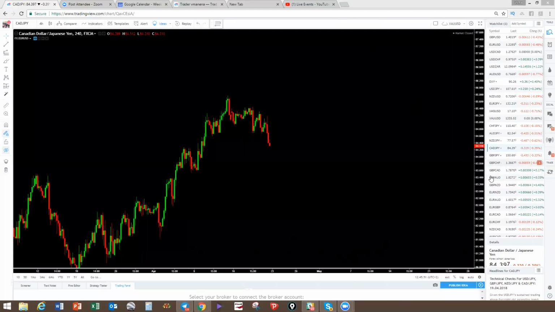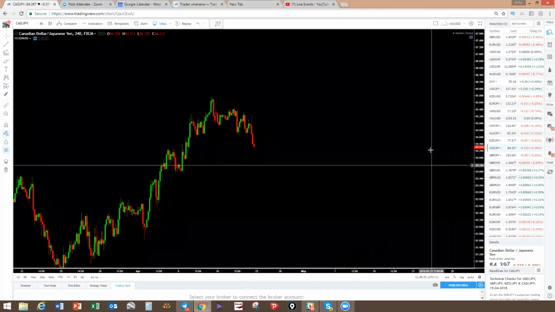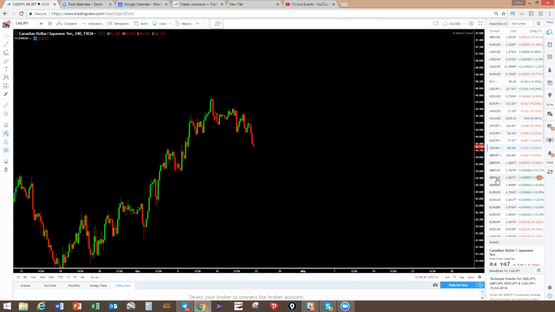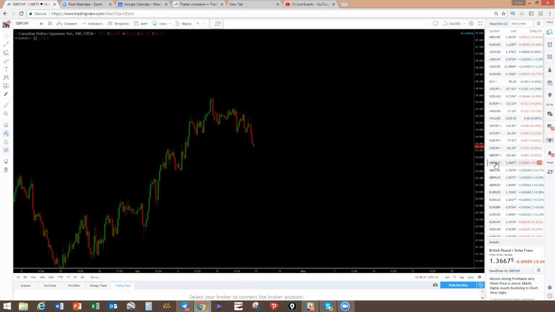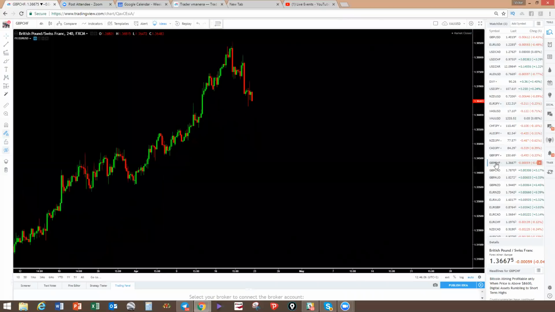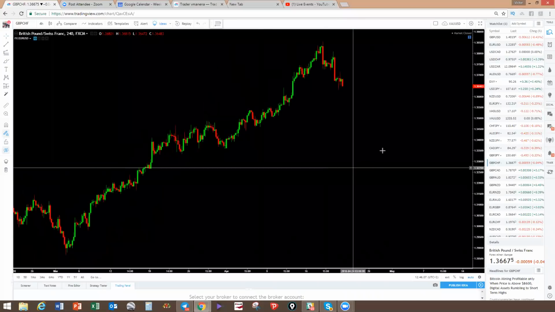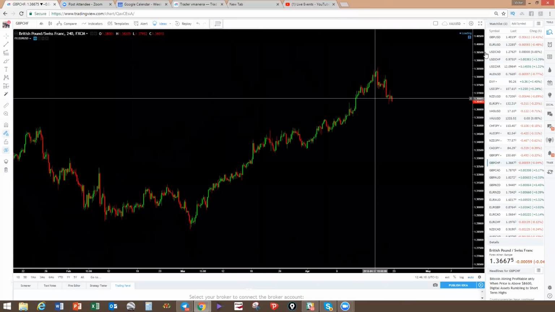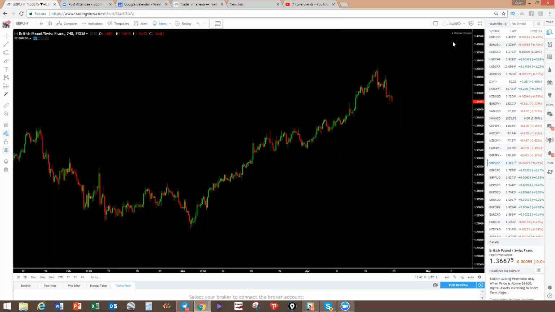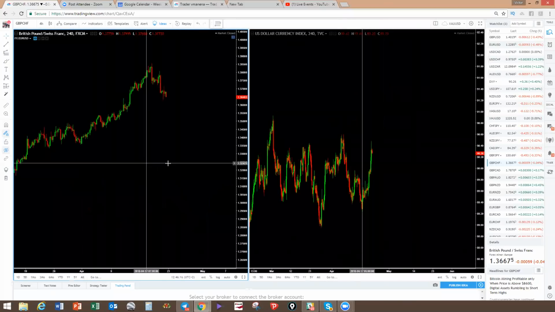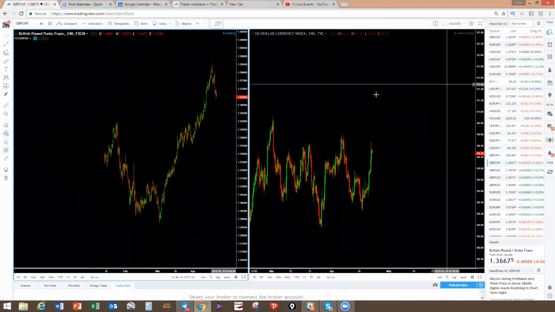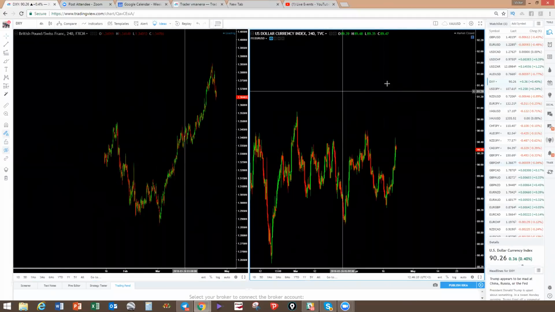Now let's look at the pound pairs. Look at pound chief. Pound chief. So I'm going to show it again. This relationship between pound chief and New Zealand US dollar, it's not actually a relationship.